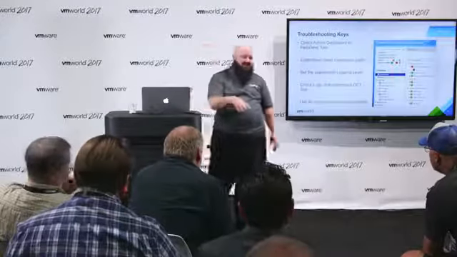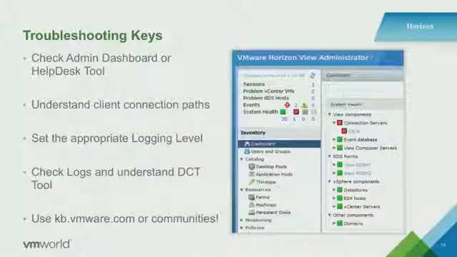Make sure your logging level is appropriate, right? Leave it at default unless there's a problem. And then when you turn on your logging to a higher level or more in depth, do it for a short period of time. And one poor guy, he forgot that he left it at verbose. 2 days later, his connection server stopped because he'd filled the storage that the connection server was on, right?